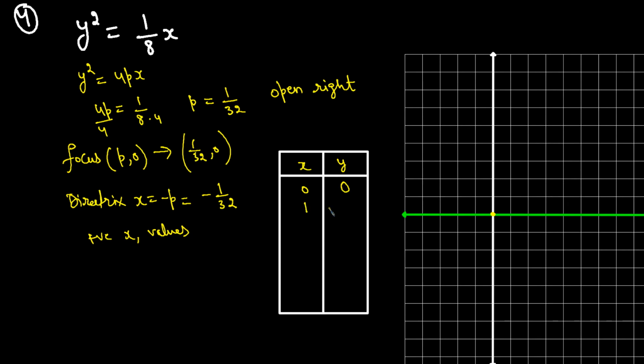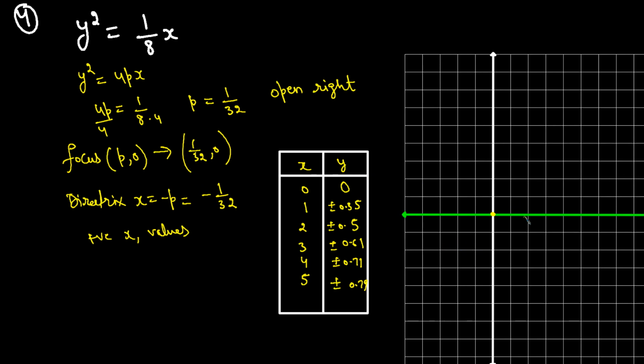If x is 1, y is plus or minus 0.35. If x is 2, it's plus or minus 0.5. If x is 3, it's plus or minus 0.61. If x is 4, plus or minus 0.71. If x is 5, plus or minus 0.79.